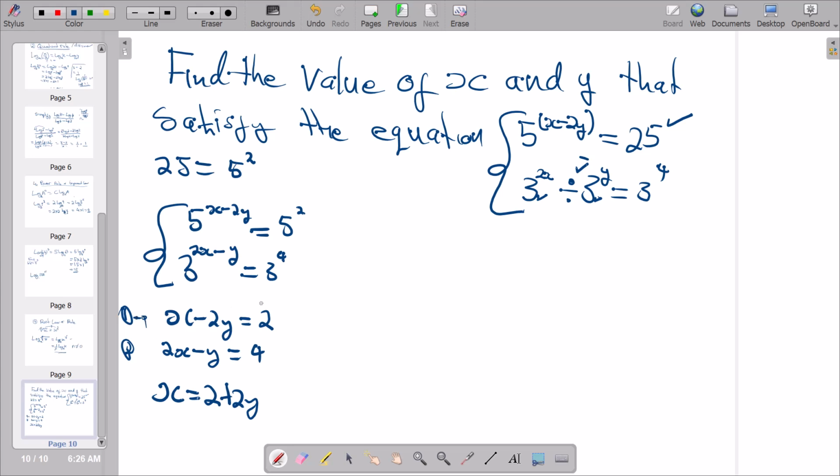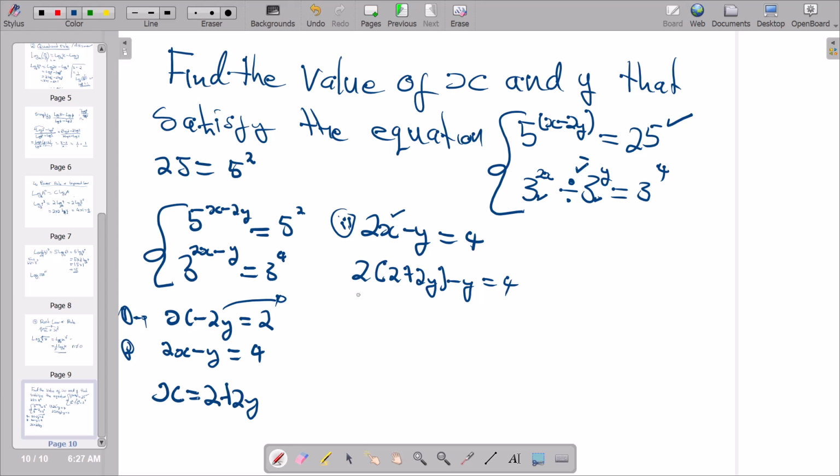We take this equation 1, where we pull this to the other side, and when it skips the equal sign, it becomes positive. Now we solve for the second equation. The second equation is 2x minus y is equal to 4. For the value of x here, we are going to place (2 plus 2y) minus y is equal to 4. That's our new equation.